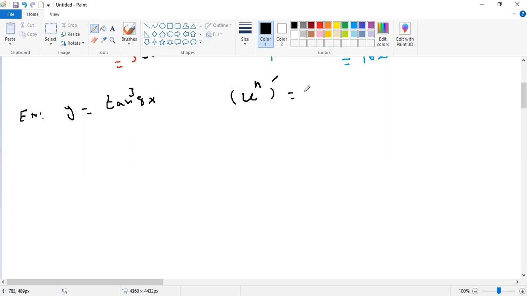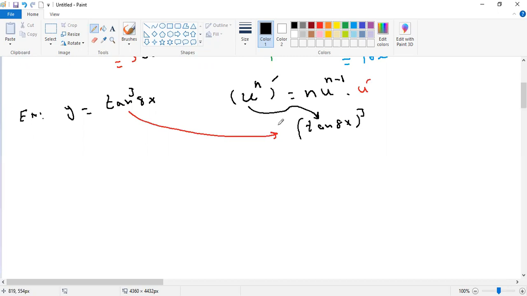So the derivative is n u to the n minus 1 times the derivative of u. Tan cubed means everything to the power 3. So the u here is tan 8x, and n is 3.